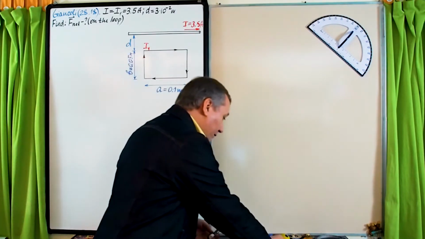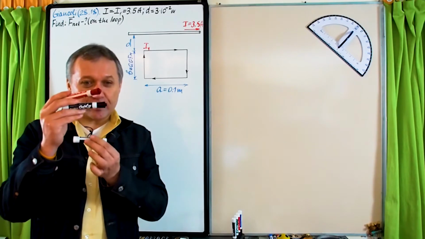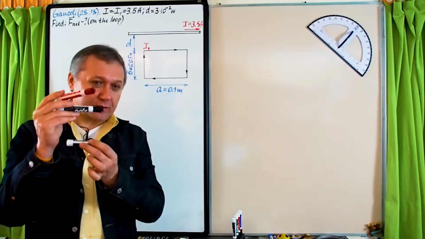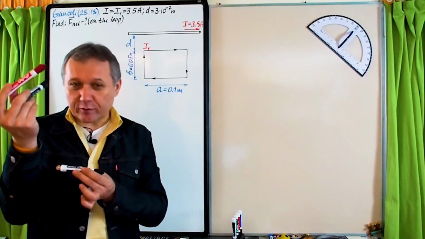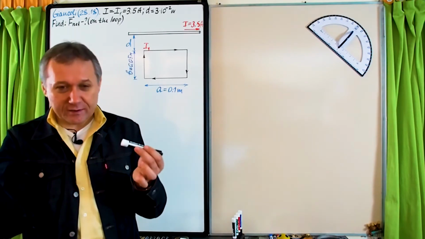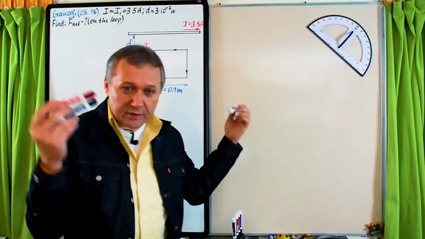Then we had three wires, and we needed to find the force on one of those. In this case, two of those wires were the sources of the magnetic fields, and this one experienced the force. Now, the same story.